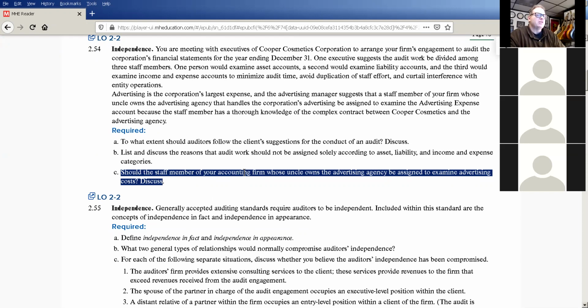This is one of those things that may make perfect sense to someone in management, but the reality is it's a conflict of interest. You do not want someone who has relatives with their largest expense, the advertising firm, because it is a conflict of interest.